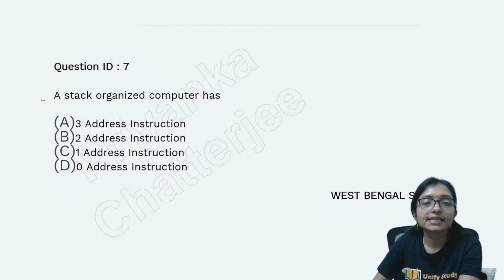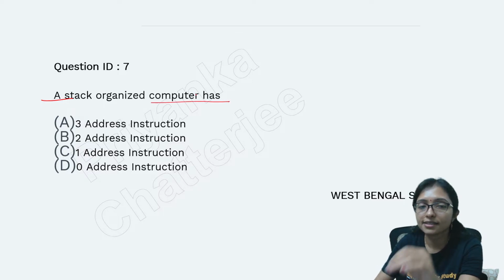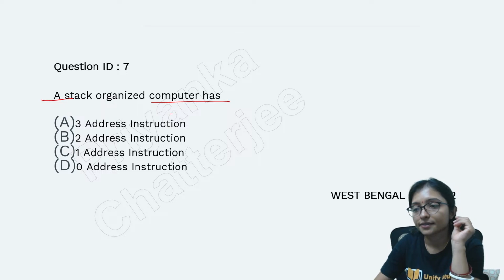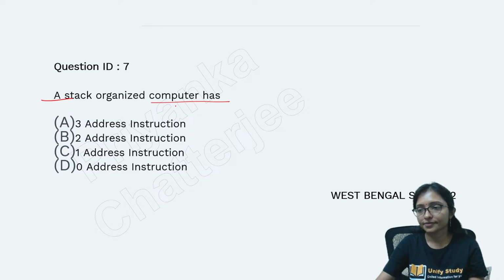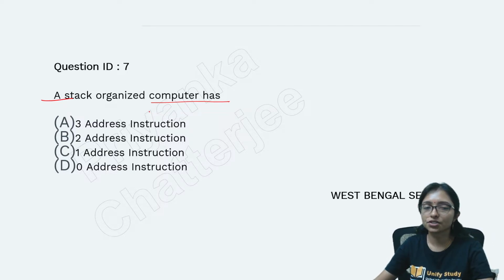So your answer should be option D, right? Now tell me, a stack organized computer has what type of instruction?